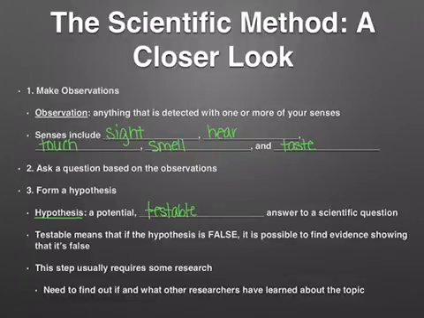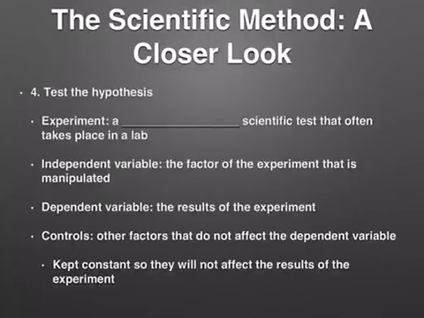When we say testable, it means that if the hypothesis is false, it is possible to find evidence showing that it is false. We can't just test something that will be true 100% of the time. When we make a hypothesis, it usually requires the scientist to do some research. They need to find out if and what other researchers have learned about the topic.